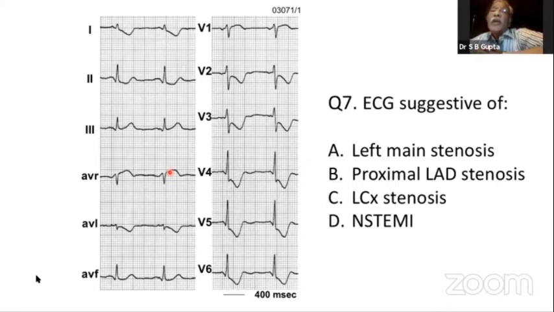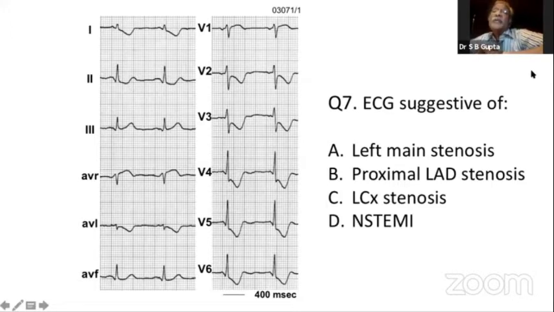Many people will diagnose him as a case of NSTEMI, but to me, this patient belongs to left main stenosis. There is a close differential diagnosis of proximal LAD stenosis, but in proximal LAD stenosis, normally we see ST segment elevation in aVL also.